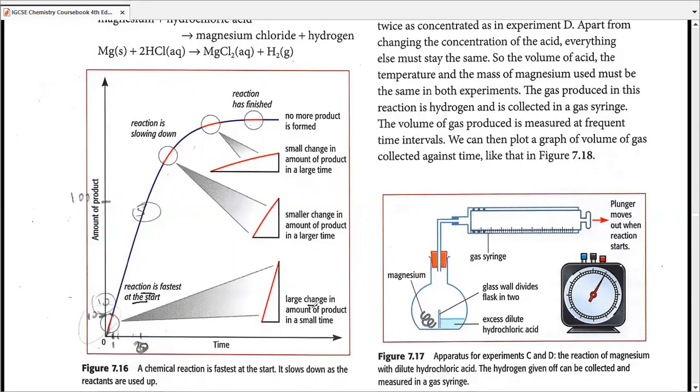We have a large change in the amount of product in a very small amount of time. Why? Because the reason, which is not mentioned over here, is that we have the maximum amount of reactant present. And when you have the maximum amount of reactants present, the speed is definitely the fastest, right?